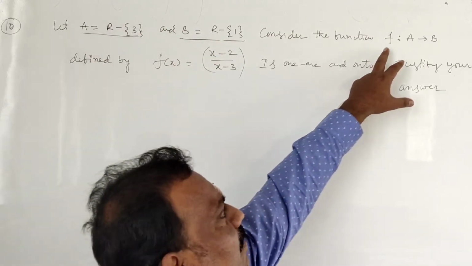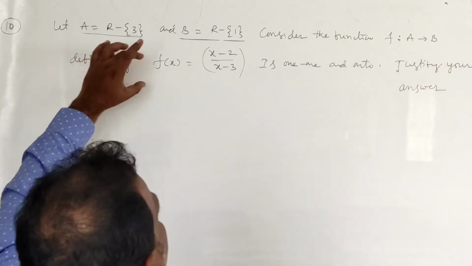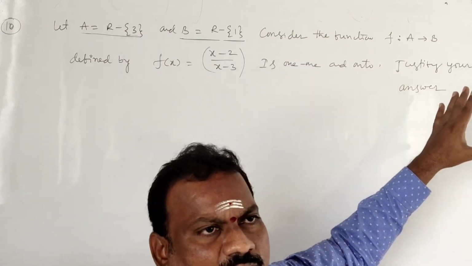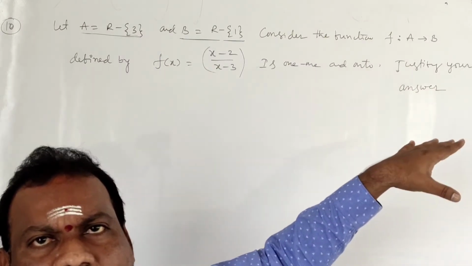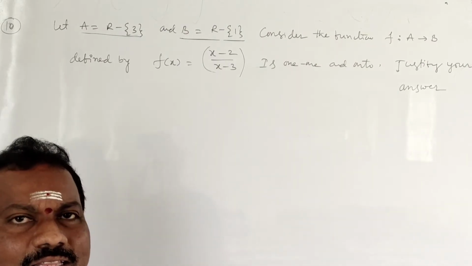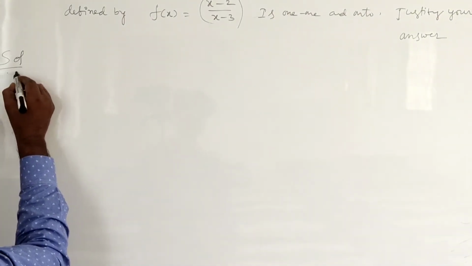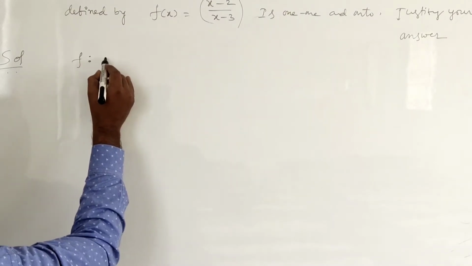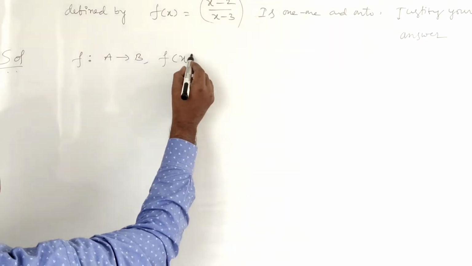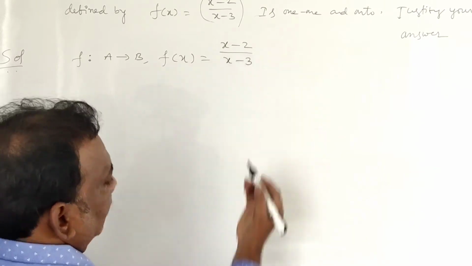So they are giving f is a function that maps from A to B. So it is f of x. We have to check whether it is a one-one function and an onto function. So for these kinds of problems we have to go for the mathematical definition. You are given f is mapping from A to B and the function is defined f of x is equal to x minus 2 upon x minus 3.